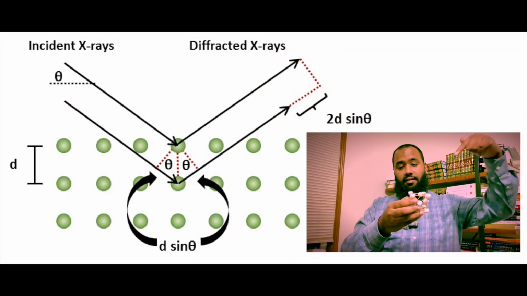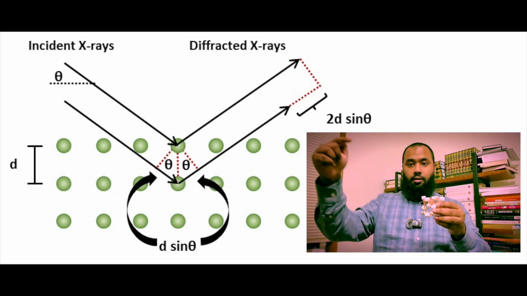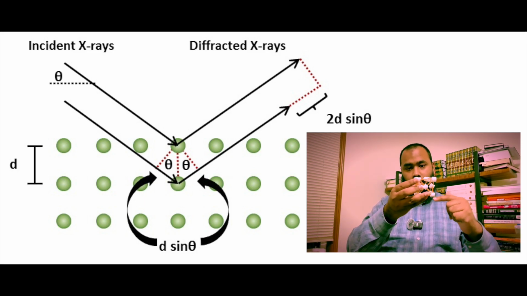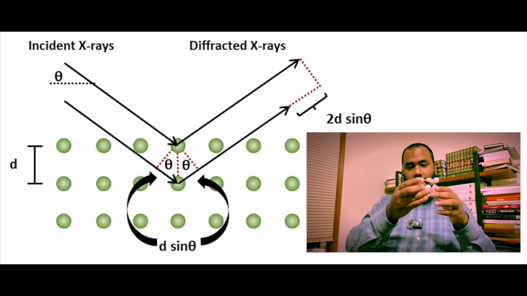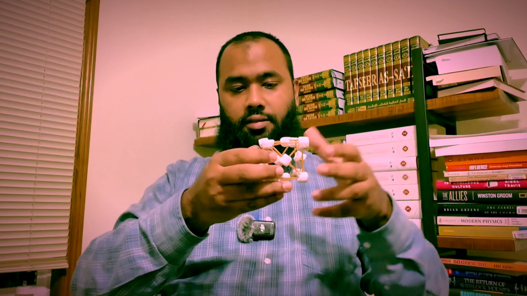Let's say X-ray 1 is coming in this direction, diffracting here and going in that direction, and another X-ray comes in here, interacting with this plane, creating another diffracted X-ray. Now you have 2 incoming X-rays and 2 outgoing X-rays.